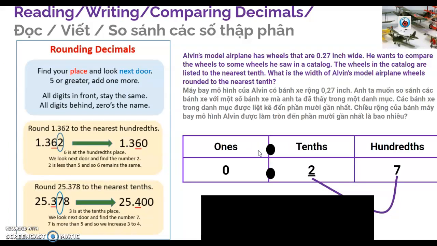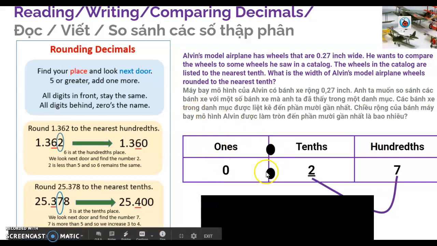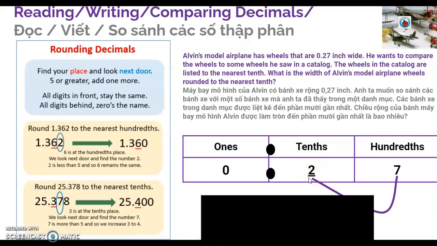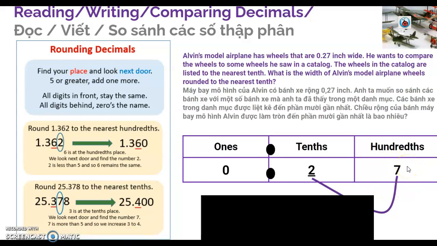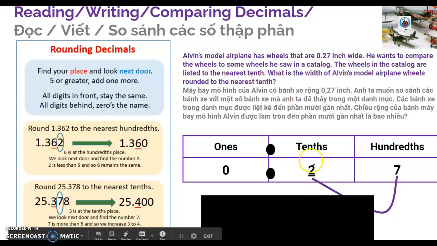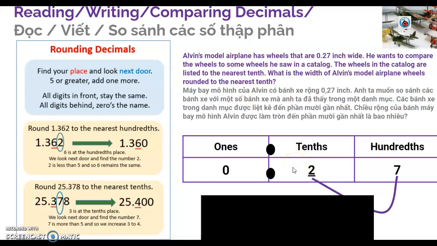Now here's the old-fashioned way. Okay, so I'll put it on my place value chart. I know that the question asked for tenths, so I find the tenths, and I have 2/10. The directions tell me to go next door. I go next door, and I see 7. Yes, 7 is higher or greater than 5. So it says add one more. So I'm going to add one more to this 2. That becomes 3. Now it says all the digits in front stay the same, and the digits behind become 0.